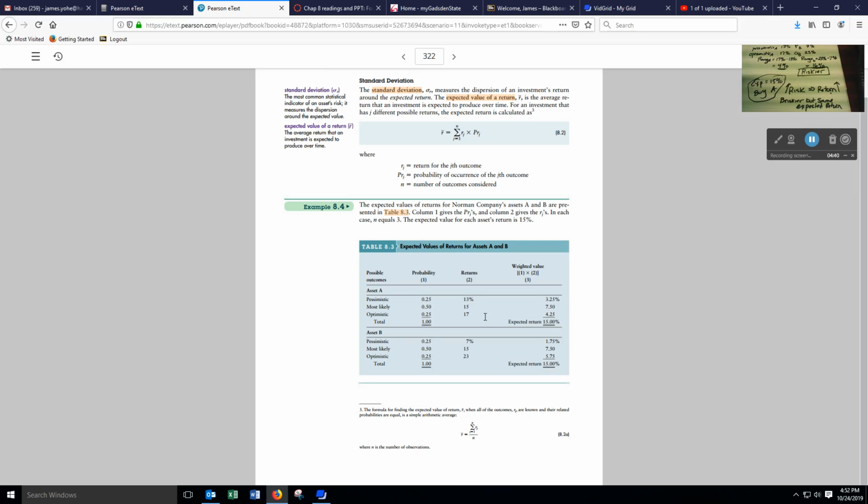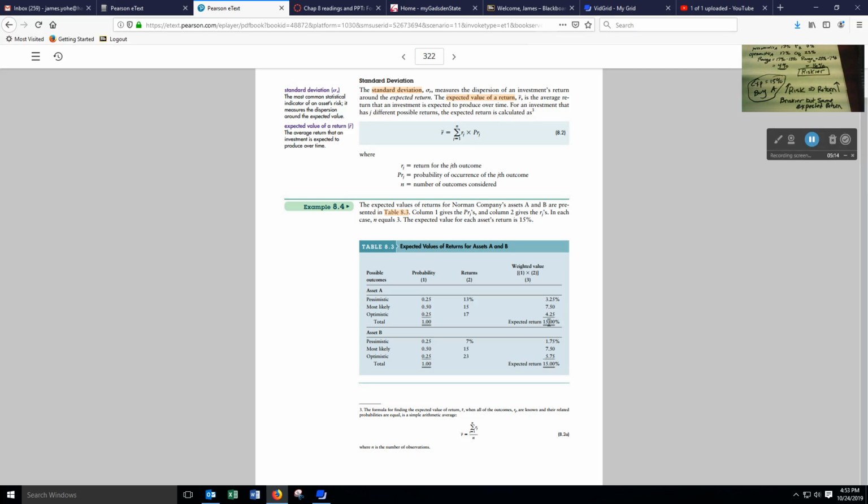Here, we're going to calculate the expected return. You take the pessimistic probability times its return, and that goes here in this right-hand column, which is called its weighted value. Then we take the most likely probability times its return, and put it in that third column. We do that for optimistic. So all we're doing here is multiplying the probability times the return for each of the three scenarios, and adding those numbers together.